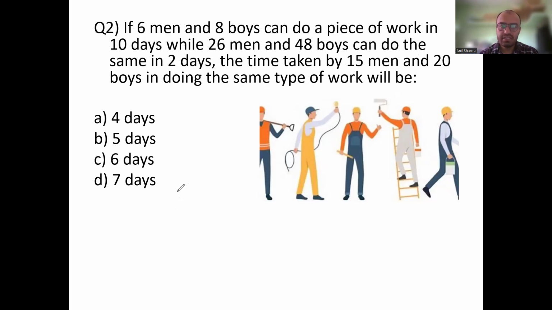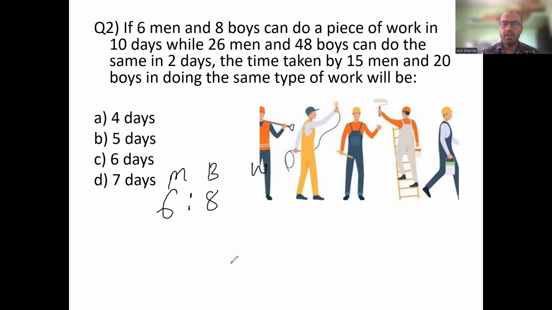So guys, 6 men and 8 boys. What is the ratio of men and boys here? You know that men and days are inversely proportional to each other. I have already told you when I was discussing this topic. Obviously, if more men are there, they will take fewer days to complete the task. If fewer men are there, they will take more days.